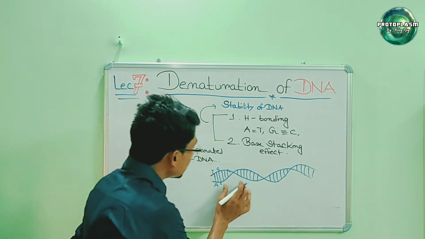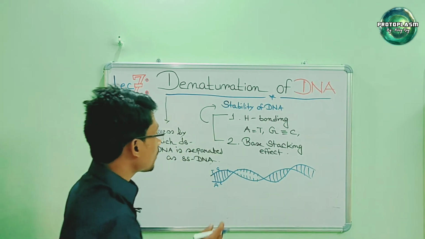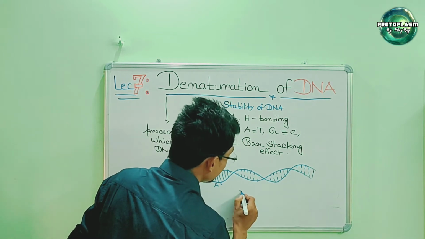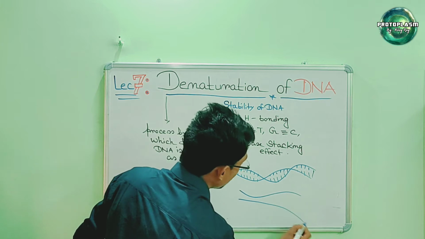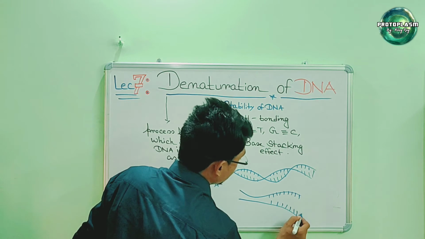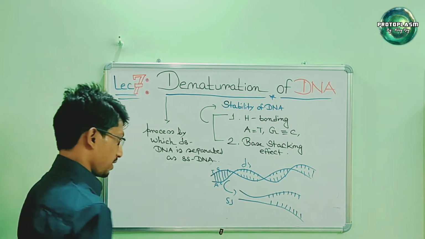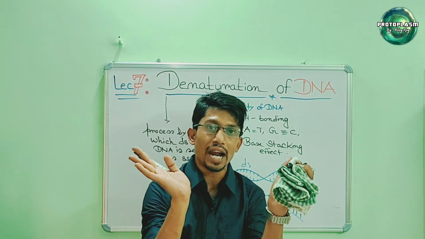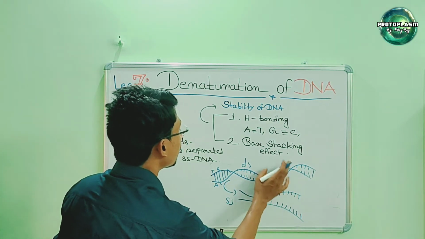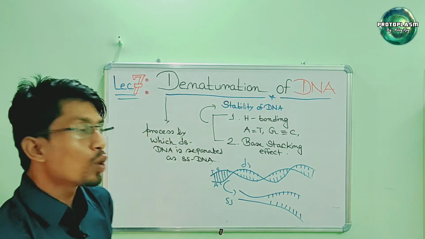See, in this DNA molecule, if these internal hydrogen bonds are broken, then this DNA fragment becomes single stranded. They simply open due to the breakage of internal hydrogen bonds. This is a double stranded DNA that is separated into single stranded DNA. The two DNA strands become separated. Why separated? Because the internal hydrogen bonds present between each of the bases are broken down.